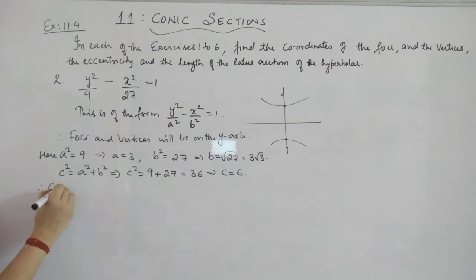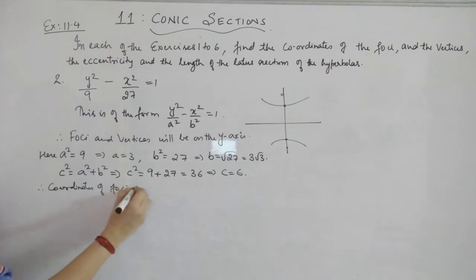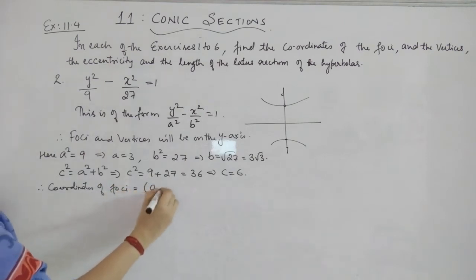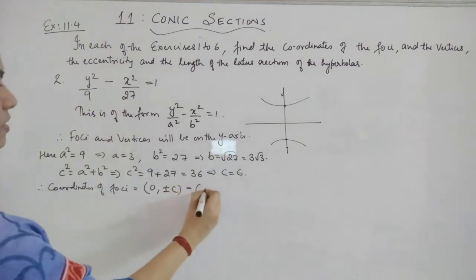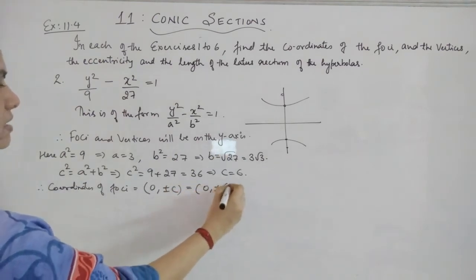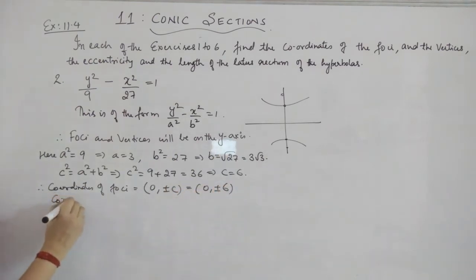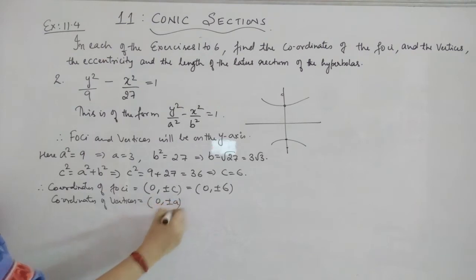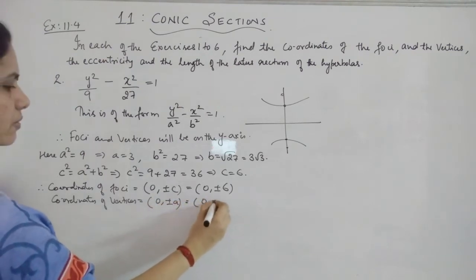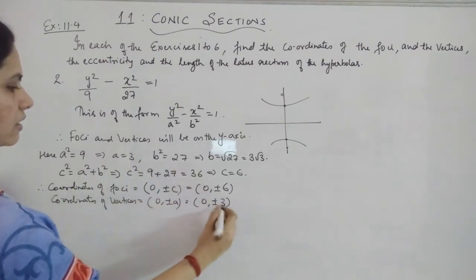Therefore the coordinates of the foci will be of which form? 0 comma plus or minus c, because it is on the y-axis, which is equal to 0 comma plus or minus 6. Now the coordinates of the vertices will be 0 comma plus or minus a, which is equal to 0 comma plus or minus 3.